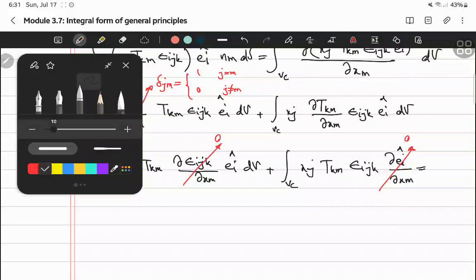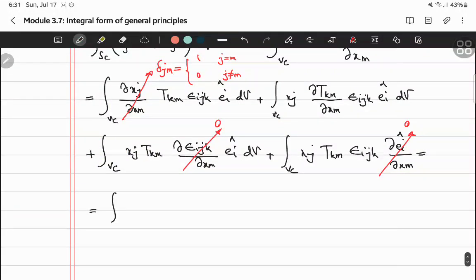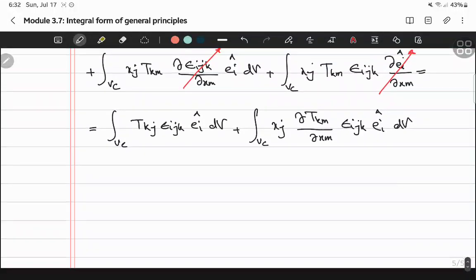Therefore, here we have j equal to m. We have the integral over Vc of t, instead of m, I put j, tkj epsilon ijk e_i dV, plus the integral over Vc of xj partial derivative of tkm with respect to xm epsilon ijk e_i dV.